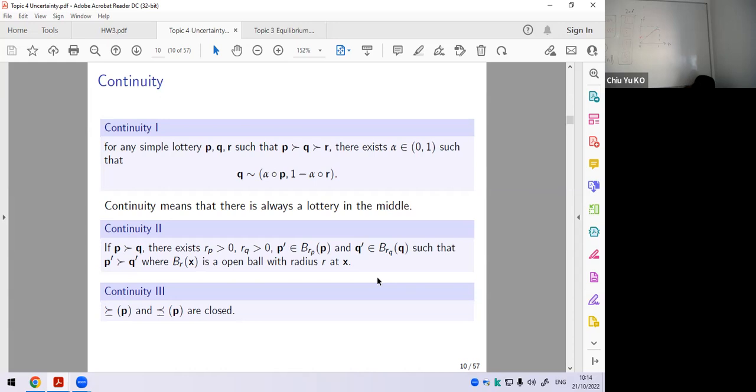And version 1 is also a natural meaning of continuity. It means that if P is strictly better than R, there must exist some mix of them that is the same as anything in between. What does that mean?